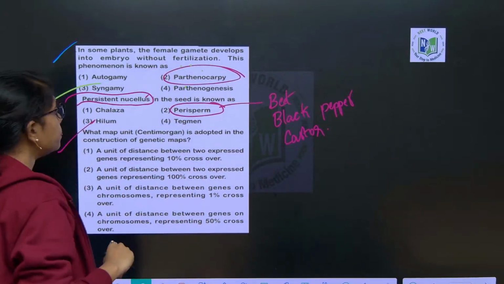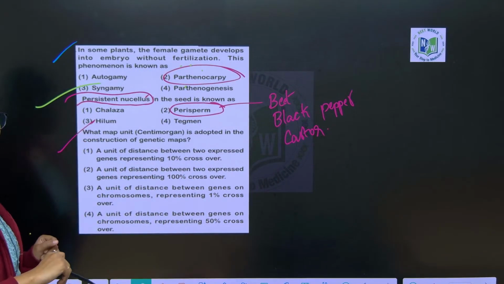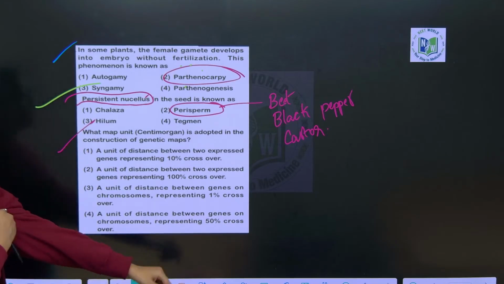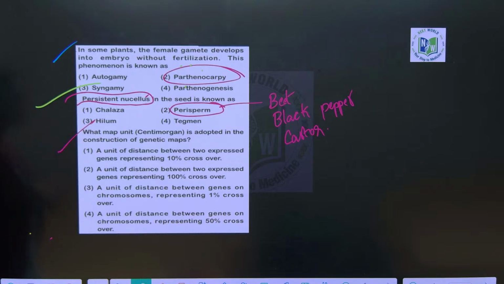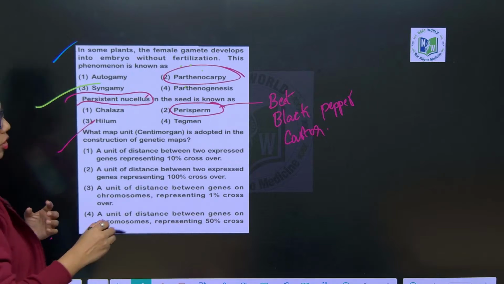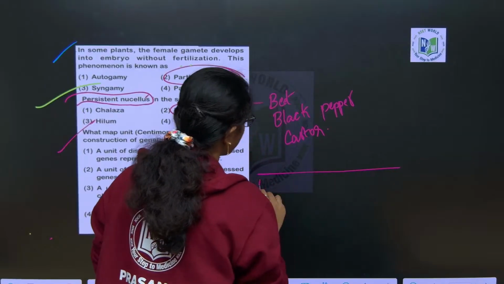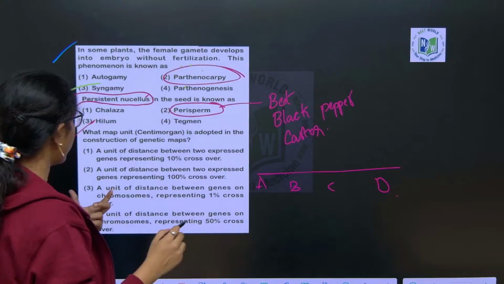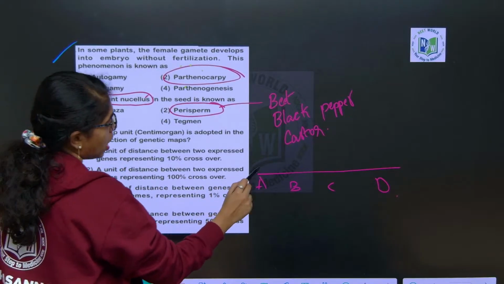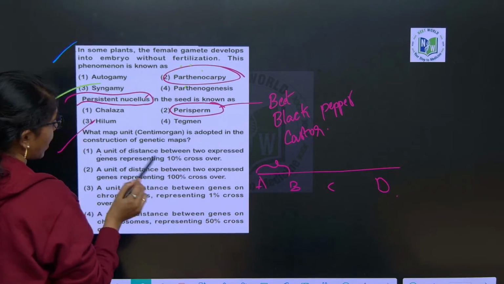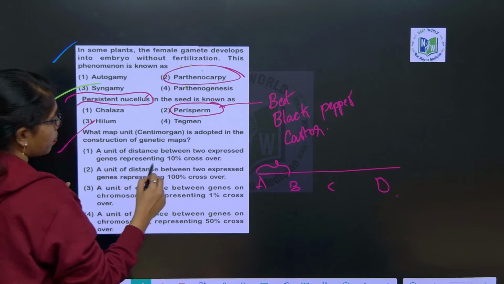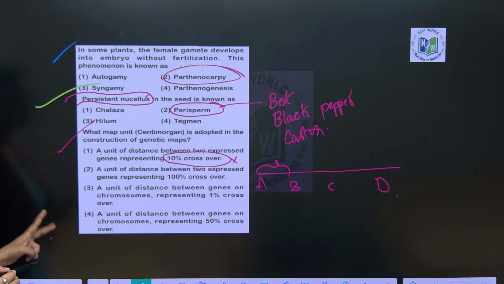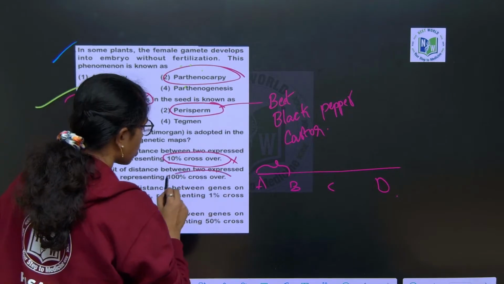Next, it is from gene mapping, wherein what map unit is adopted in construction of genetic maps. Okay, if you see, it is given by Alfred Sturtevant, wherein in a genetic map, what will be the flow? A unit distance between two expressed genes represents 10% crossover? No. 100% crossover?